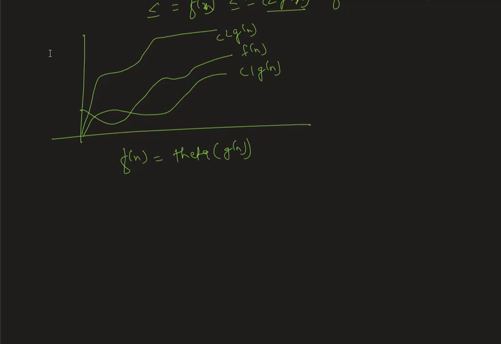Our second notation for understanding time complexity is big O notation. That is very important.